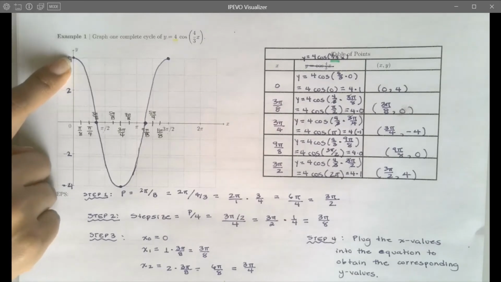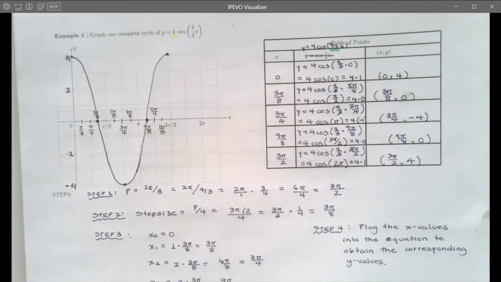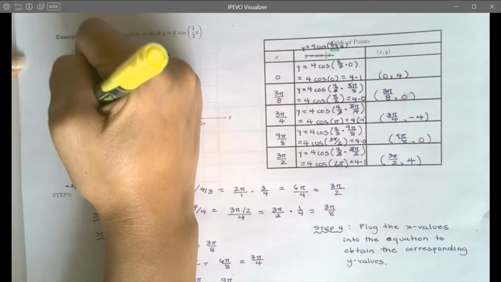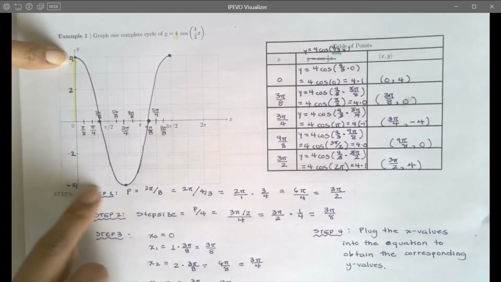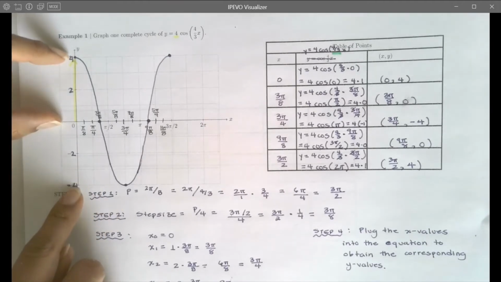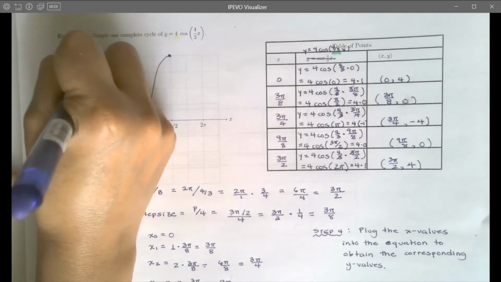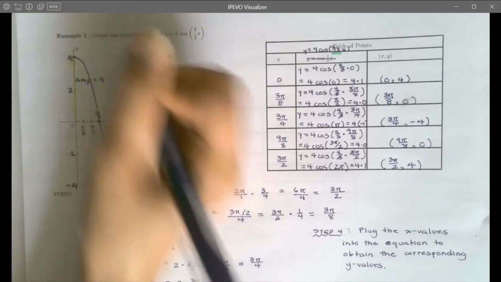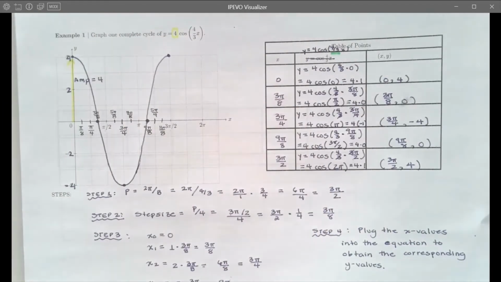It always starts on some positive y value and then continues to go down. And if you check out the amplitude, well, the distance between the highest and lowest point is 8 units, right? So half of that is going to be only 4 units. So our amplitude here is 4, which agrees with what we're seeing for the coefficient of cosine.